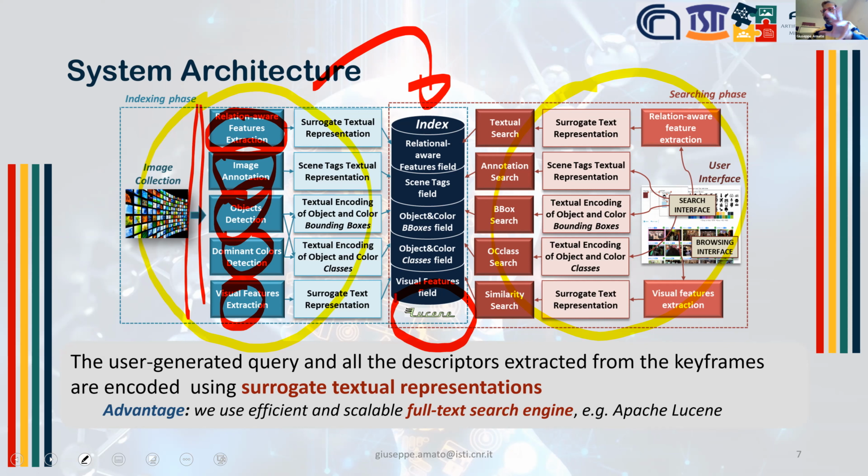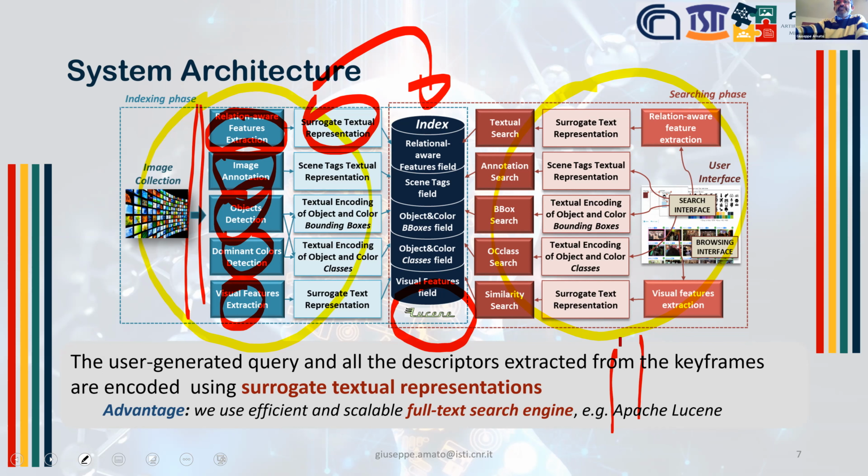You insert text and you can search documents that were inserted in Lucene. So in order to use just one single index for all that information, we used some special techniques in order to translate all the information into a kind of surrogate text representation. So, for instance, consider visual features. Visual features typically are high dimensional vectors of numbers. We represent that information as surrogate text. In such a way, we can insert this information in Lucene, and we can search for that information by using Lucene. And I'll tell you how this is done.